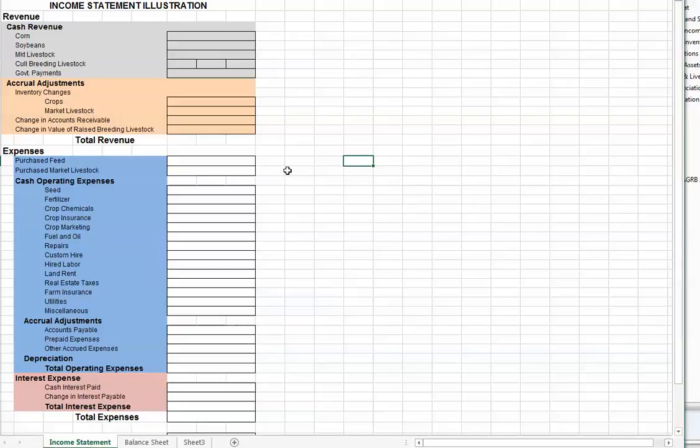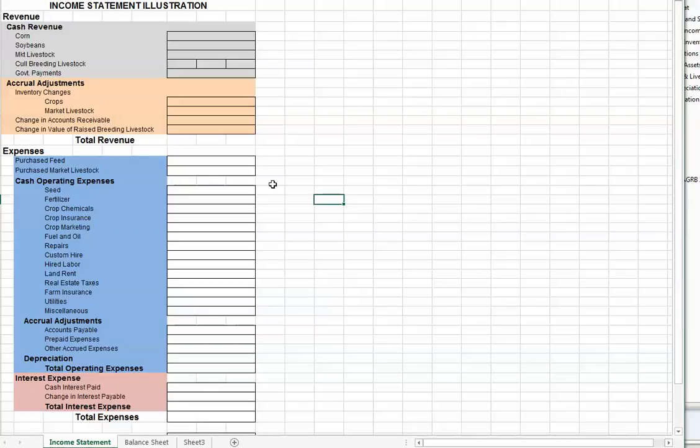Just as in the revenue section, all the expense items that go into the sales simply come from somewhere in the chart of accounts. Farm Financial Standards suggest that you keep purchase feed and purchase market livestock in a separate little category. The reason is that buying livestock for resale is a little different than raising that livestock for resale.